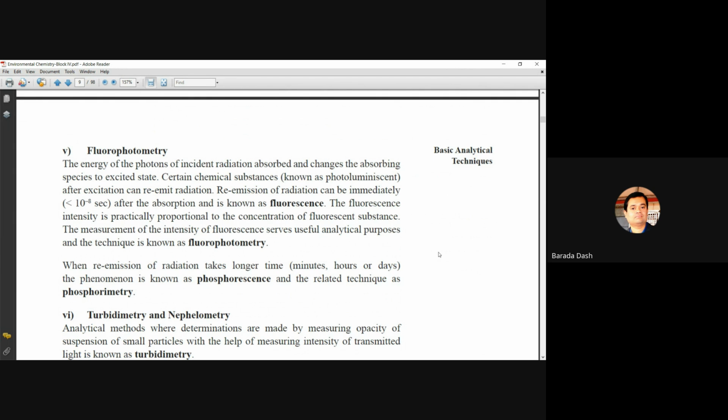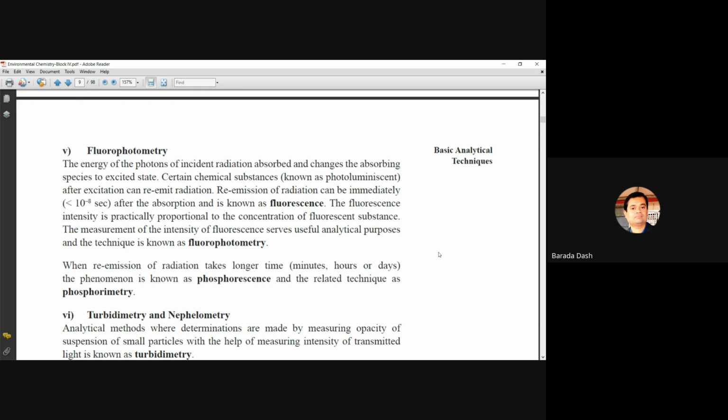If the re-emission of radiation occurs instantaneously, less than 10 to the power minus 8 second after the absorption of the UV visible radiation, it is known as fluorescence. The fluorescence intensity is practically proportional to the concentration of the fluorescent substance. The measurement of intensity of fluorescence serves a useful analytical purpose, and the technique is known as fluorophotometry.